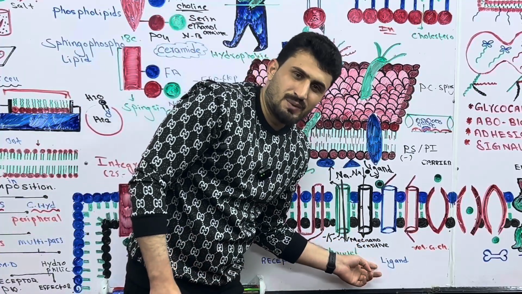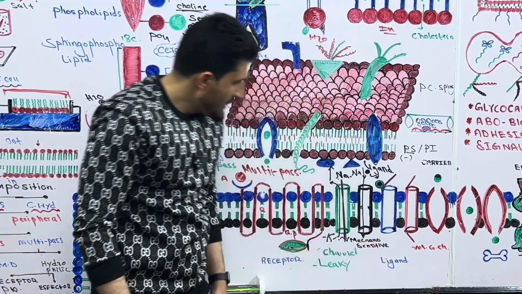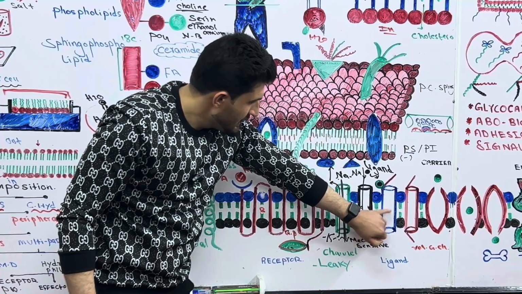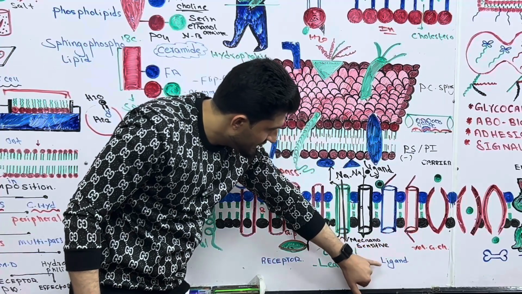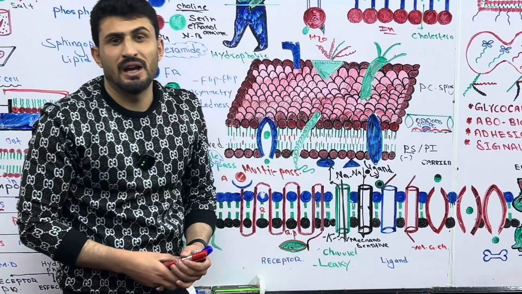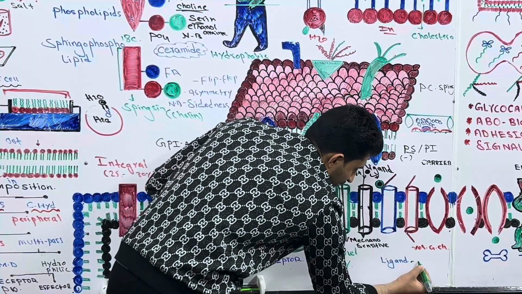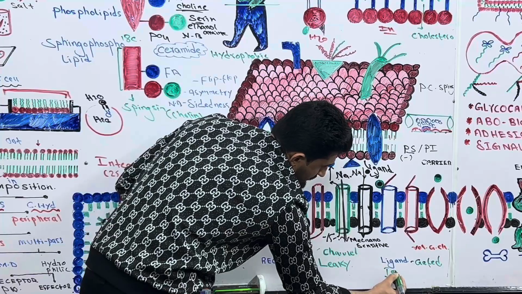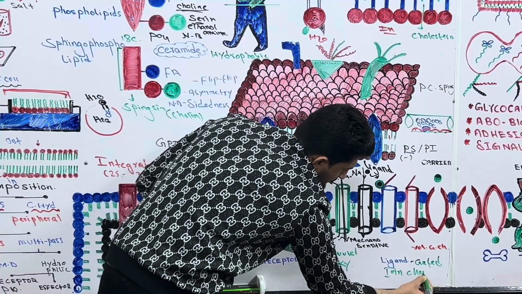the high concentration gradient to the low concentration gradient. We have another type of channel proteins, and they are called ligand gated ion channels.